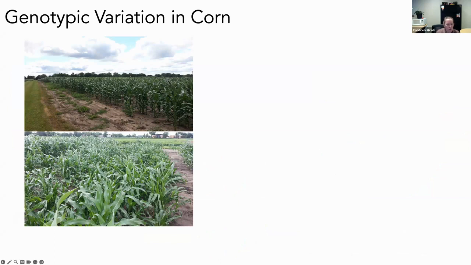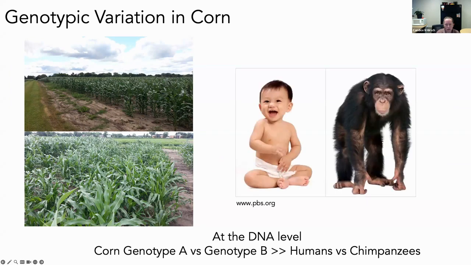But whether we're talking about this scenario or this scenario, the difference between any one of these two plants or these two plants is substantially different in the genome variation than between a human and a chimpanzee. So there's a ton of variation in corn that we need to be thinking about in terms of how we are breeding varieties for the future.